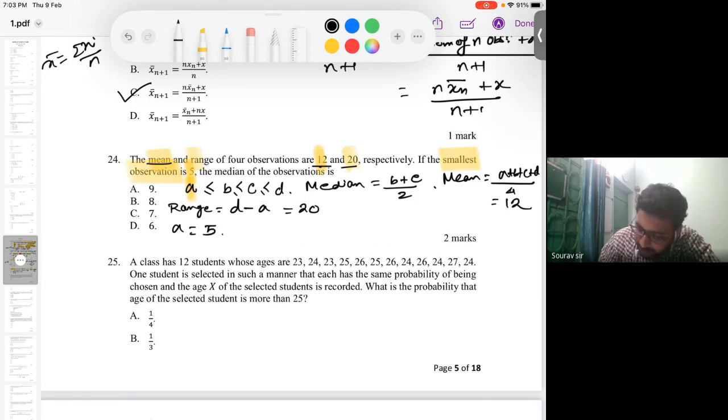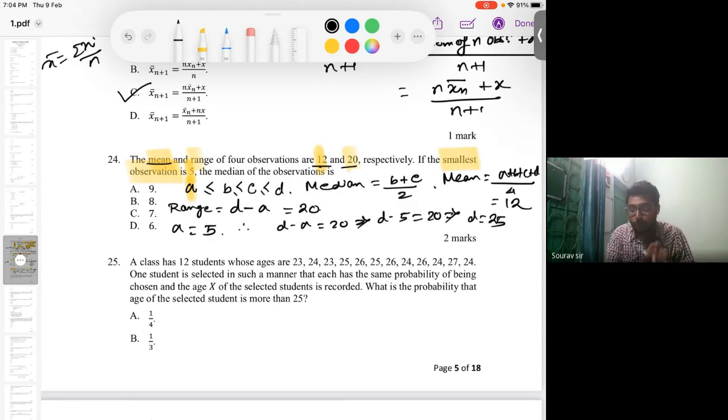If you put A = 5 in this equation, D − A = 20 implies D − 5 = 20, that means D = 25. So the lower limit is 5 and the upper limit is 25.